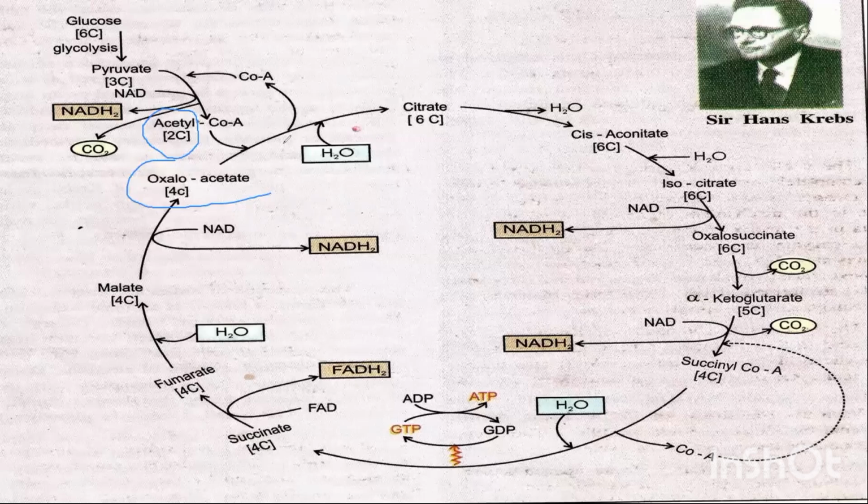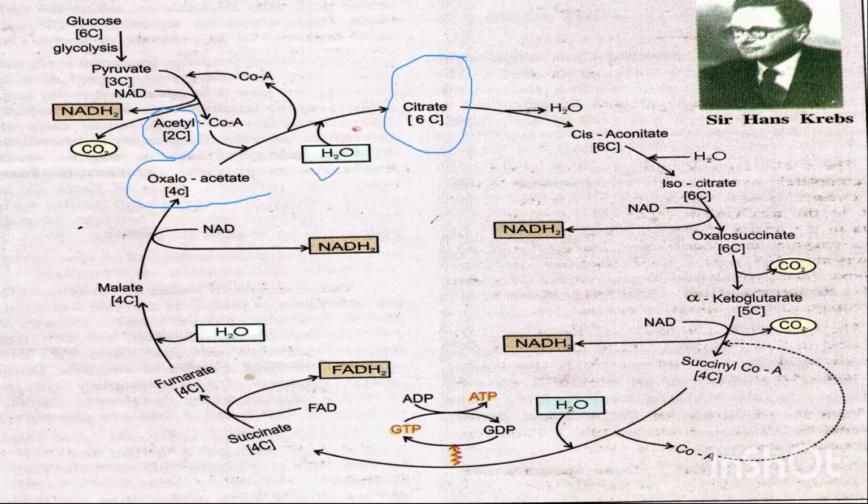And there will be the involvement of water, that is hydration. As a result, 4 carbon oxaloacetic acid plus 2 carbon acetyl moiety collectively will form citric acid containing how many carbon? 6. So that is the first stable compound, citric acid, produced by condensation of the acetyl moiety and 4 carbon oxaloacetate.